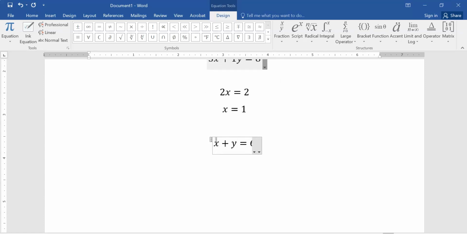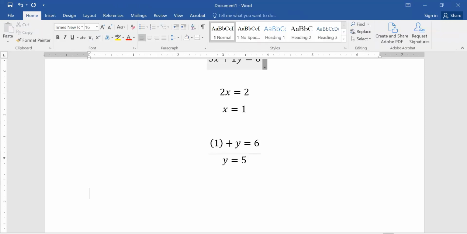So if I plug in a 1 for x, it's clear that y has to be 5. So in this case, the solution is the point 1, 5. And that's it.